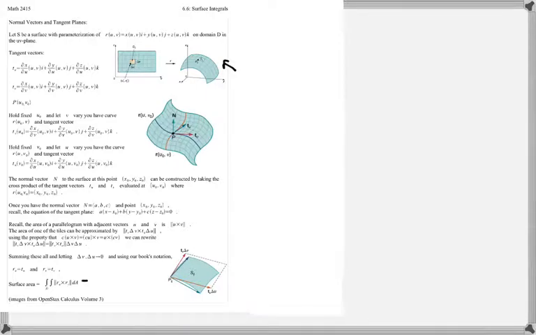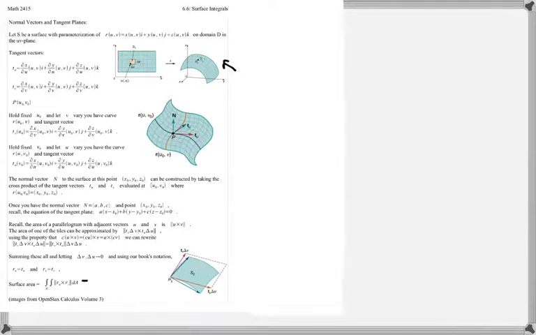And then we get our tangent vectors, the tangent in the direction of v and the tangent in the direction of u at a point P on this little piece of tile. Your tangent vector T sub u is the partial of x with respect to u i plus partial of y with respect to u j plus partial of z with respect to u k. Your book also uses r sub u and r sub v.